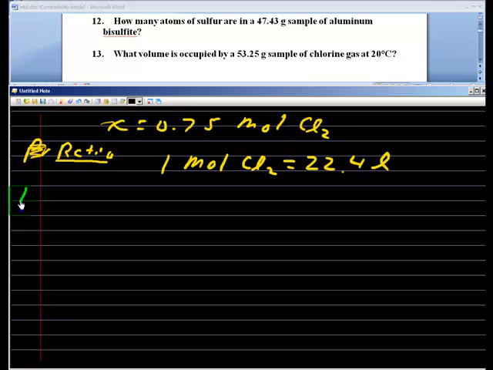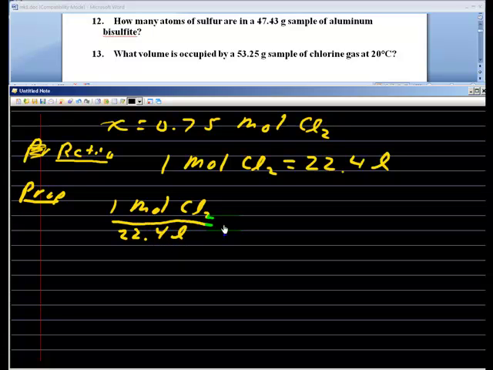Now we can build our proportions. In our proportions, we're going to write down that 1 mole of Cl2 is 22.4 liters. So, how many liters is 0.75 moles?